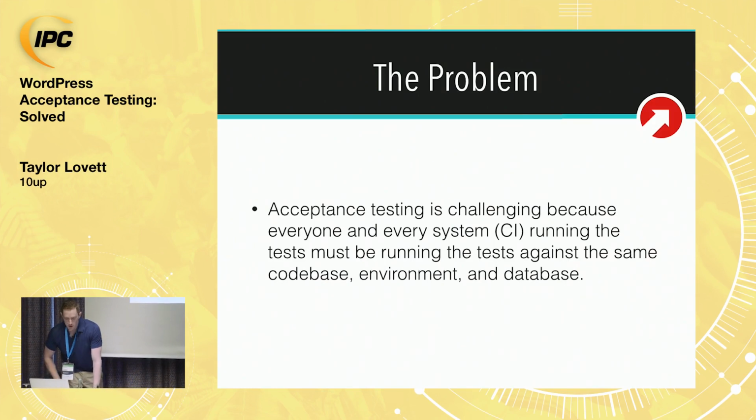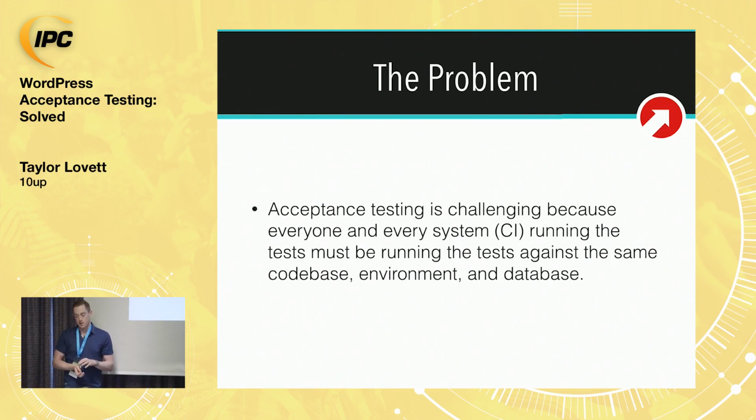Okay, so what is the problem that WP Acceptance is solving? Acceptance testing can be very challenging because everyone and every system, like every CI pipeline running the tests, must be running the same database on the same environment with the same code.